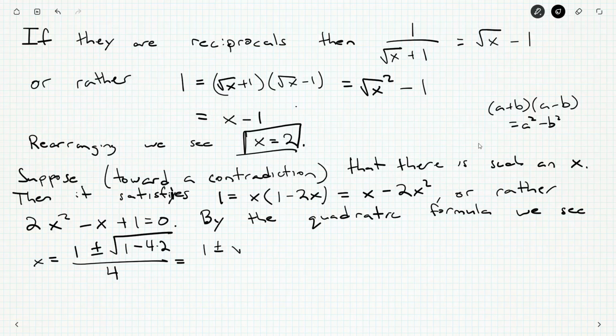That's 1 plus or minus the square root of 1 minus 8, and there's our problem. You get a negative 7 here. That means that, well, you can't take the square root of a negative number. You get an imaginary number. You get a complex number.